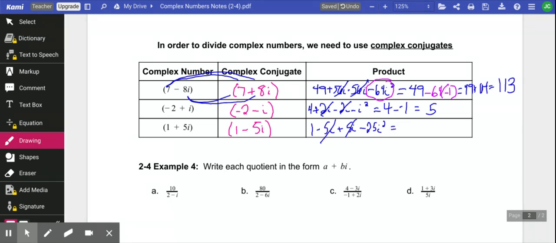Middle terms cancel, so we get 1 minus 25, and instead of i squared, we're going to write negative 1. So we get 1 plus 25, which is 26. So we are going to utilize this fact about conjugates when we do our division. We'll do that in the next video.